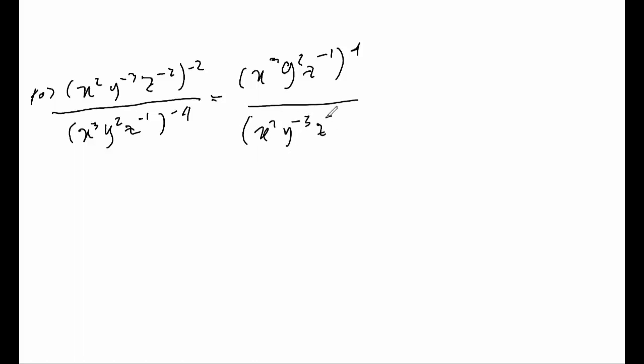So what I can do now is say x cubed y squared z negative 1, and then bring that to the 4th power. Notice how I brought that upstairs. And then on the bottom, I can go x squared y to the negative 3, z to the negative 2, and this is to the positive 2.